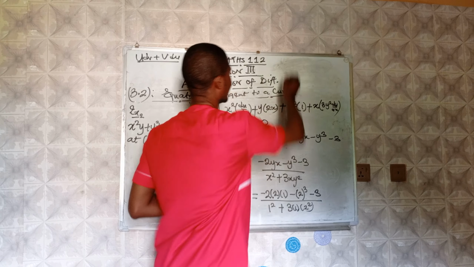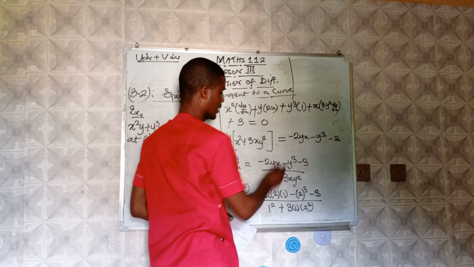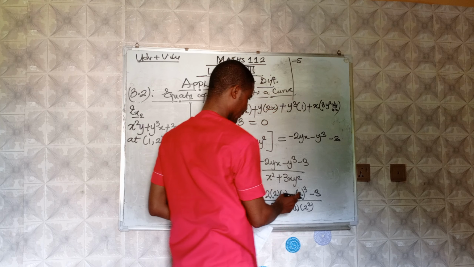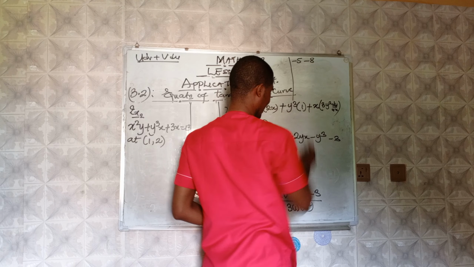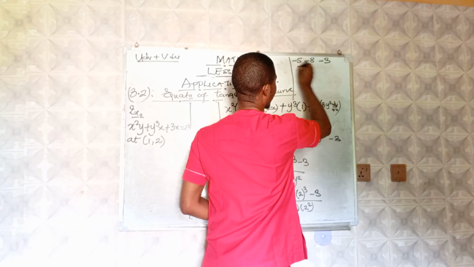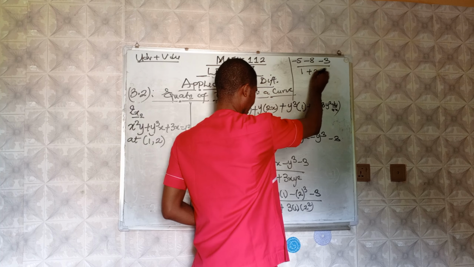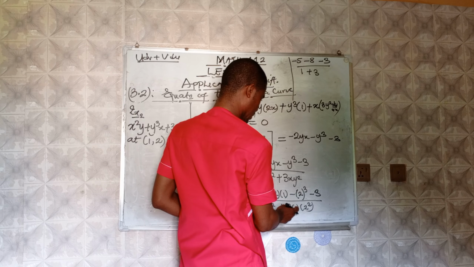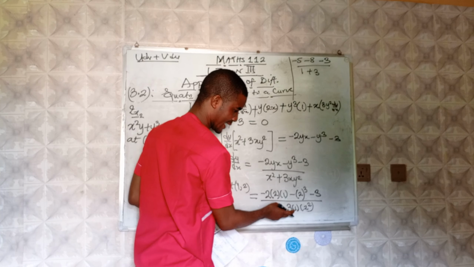I pick my calculator. This is 4 minus 5. 2 times 2, 4. 4 times 2, 8. Minus 8 minus 3 over 1 plus 3. 3 times 1 is 3. 2 times 2 is 4. 4 times 3 is 12.